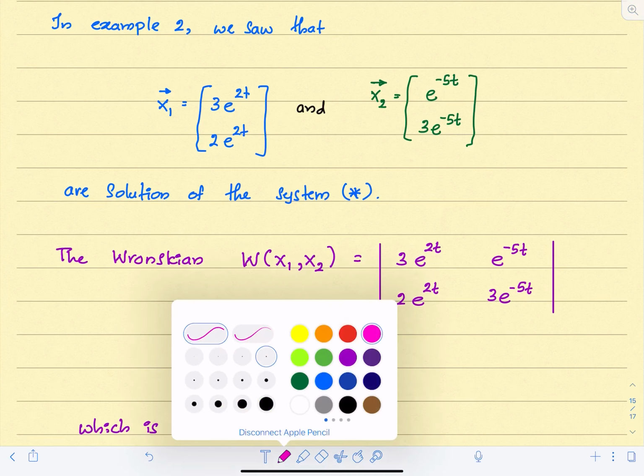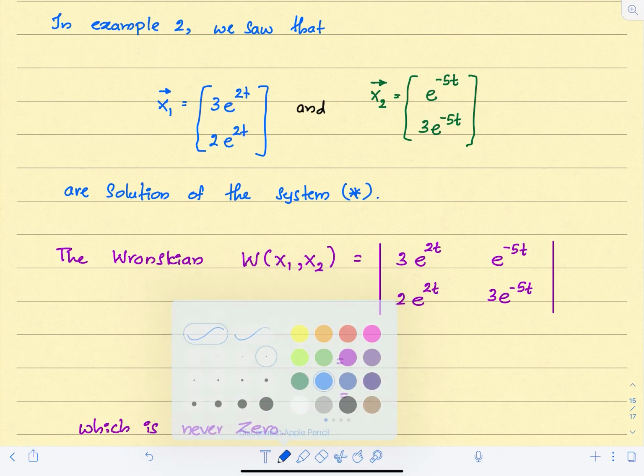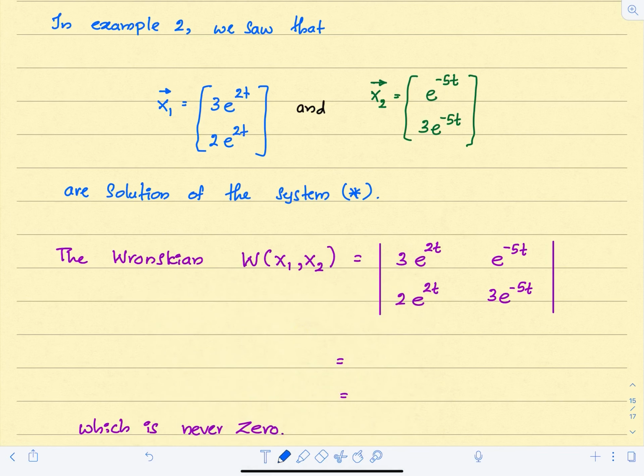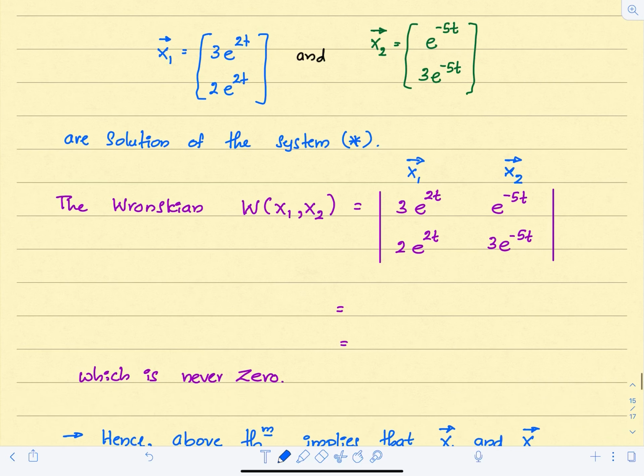So this first column contains the solution vector x1. That's why I have 3 e to the 2t and 2 e to the 2t. And then the second column contains the solution vector x2. Now let's calculate the determinant of this matrix.